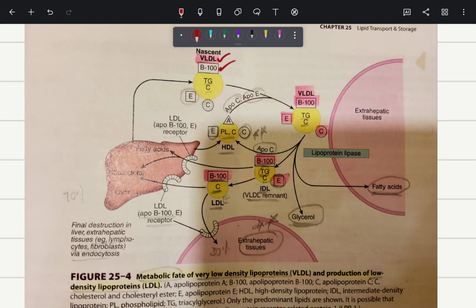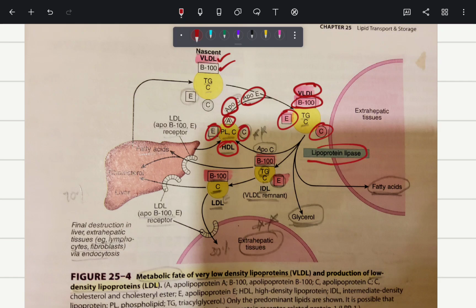From the HDL, which contains apoprotein A, apoprotein C, and apoprotein E, the HDL will donate apoprotein C and apoprotein E to the nascent VLDL, and it will get converted into mature VLDL, which will consist of ApoB100, apoprotein E, and apoprotein C.